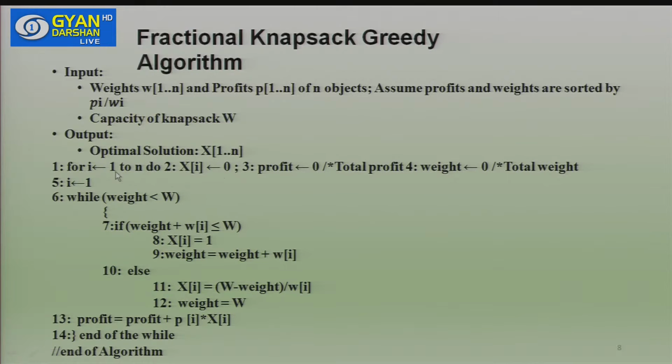In the initialization, we run a for loop initializing all fractions to zero, the overall profit as 0, which represents the total profit, and the overall weight packed so far into the knapsack is also 0, because initially total profit and weight are 0, and then greedily we will pack one object after another.